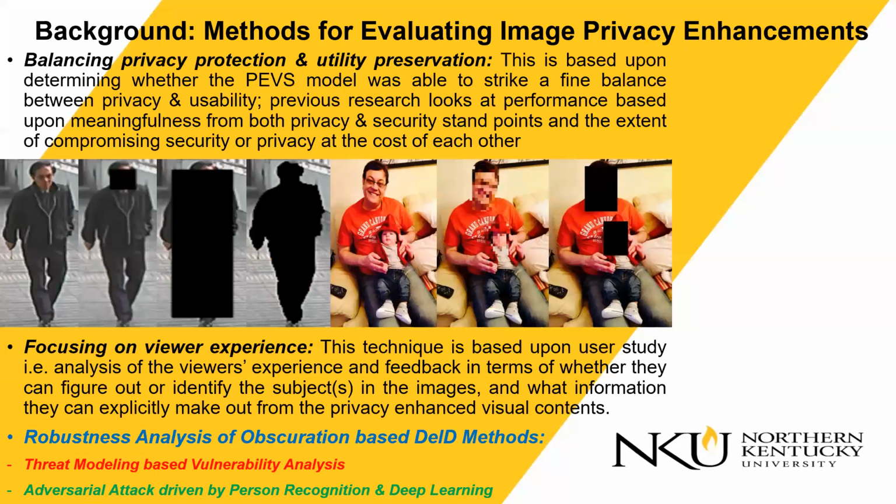In other words, whether the de-identification technique applied to the images strikes a fine balance between privacy protection and the utility of the images, that is, letting the surveillance or monitoring go on at the same time. This has been a very common approach, with several works in the literature.